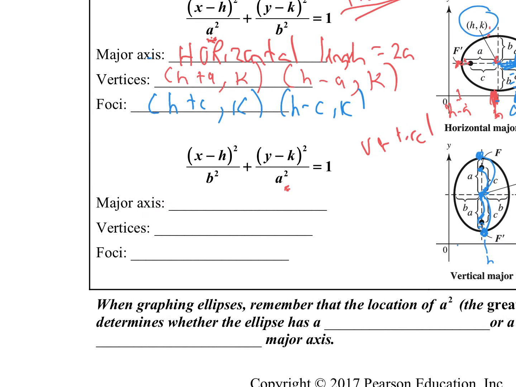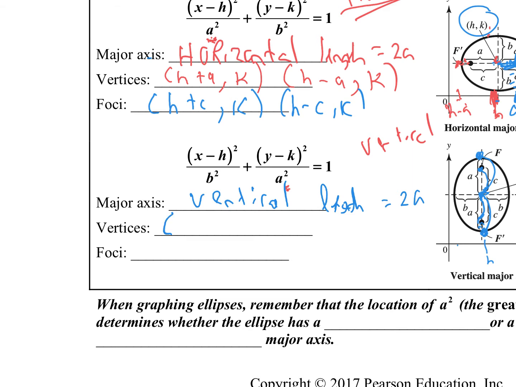My major axis is vertical. And the length, I'm still going to say the same thing because what we're doing, we're making a always be on the long side, is 2a. The length of the minor axis obviously will be 2b if they call it an axis. Some books don't call it an axis. I call it an axis. The vertices.